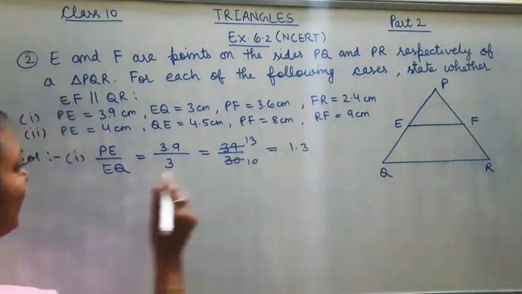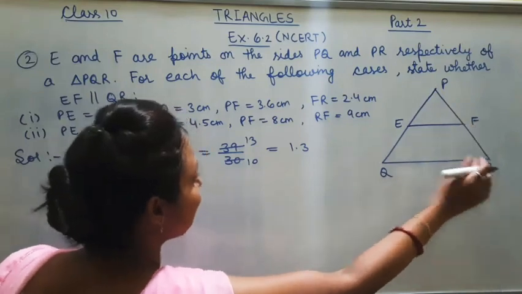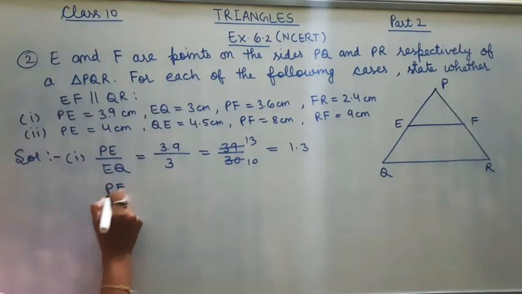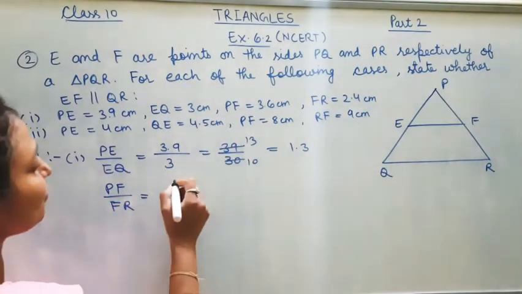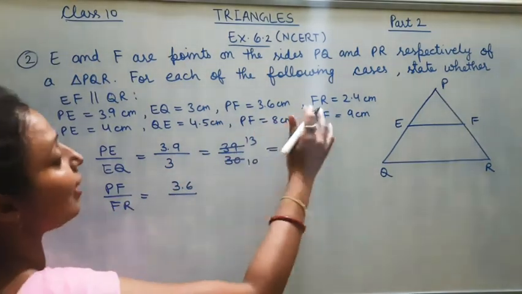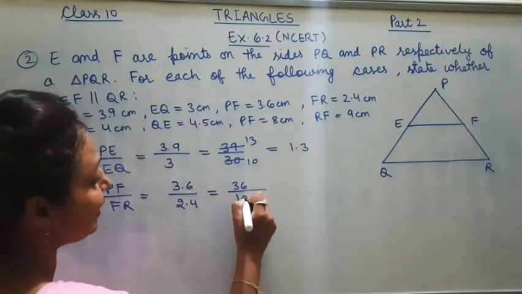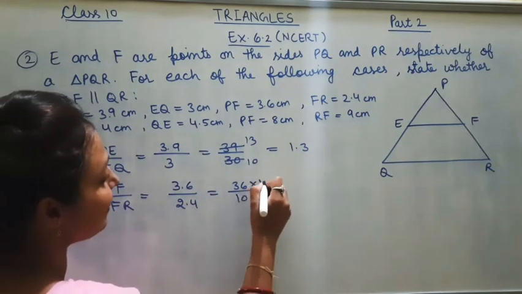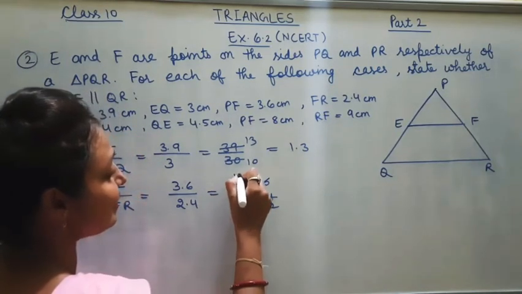Now I need to check PF upon FR. PF is equal to 3.6 and FR is equal to 2.4. I need to cancel this, 36 by 24, by 10. This 10 and 10 will cancel.